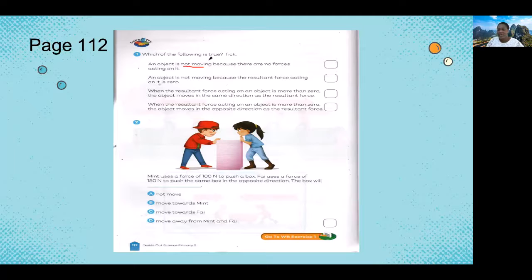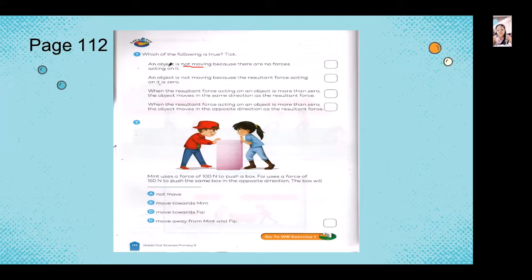When does an object move? An object moves when we apply force to it. For example, when you want to move your desk, what will you do? I will push the desk.